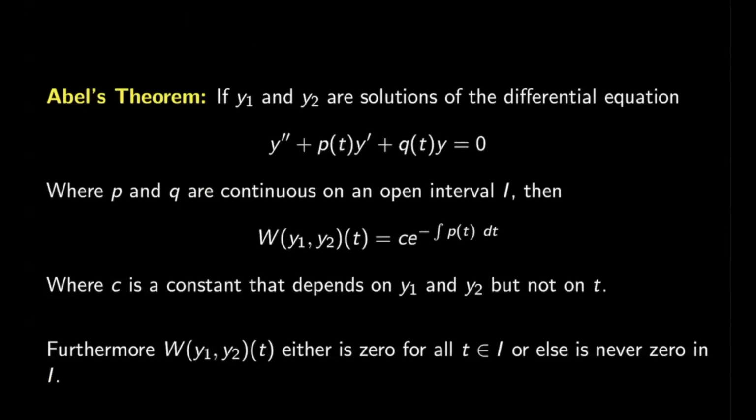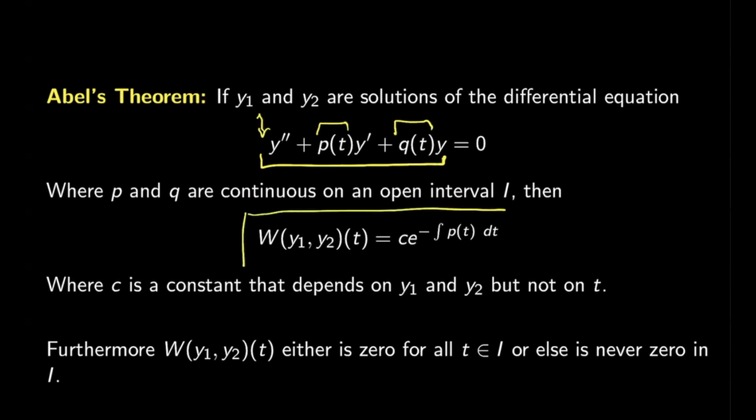Next, we have a very important theorem, which is known as Abel's Theorem of the Wronskian. Abel's Theorem states that if you have a homogeneous differential equation with variable coefficients, in this form where the leading coefficient is 1, then you can use this formula to calculate the Wronskian of that differential equation.